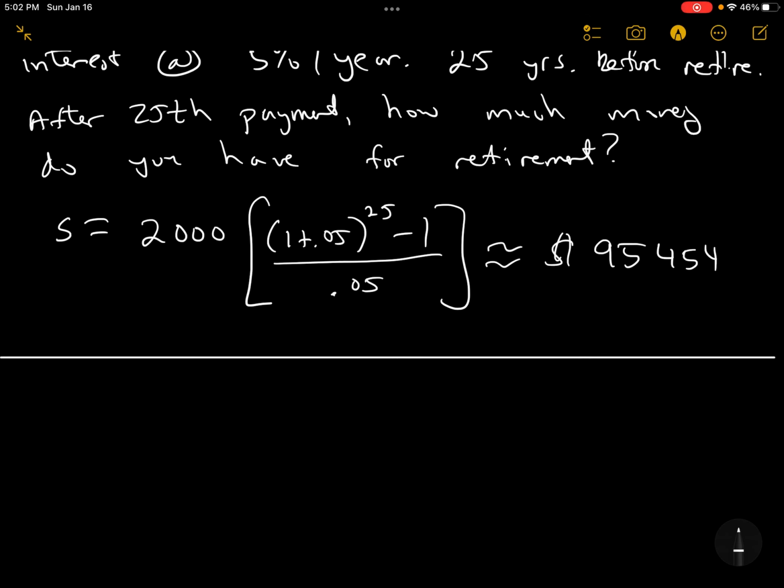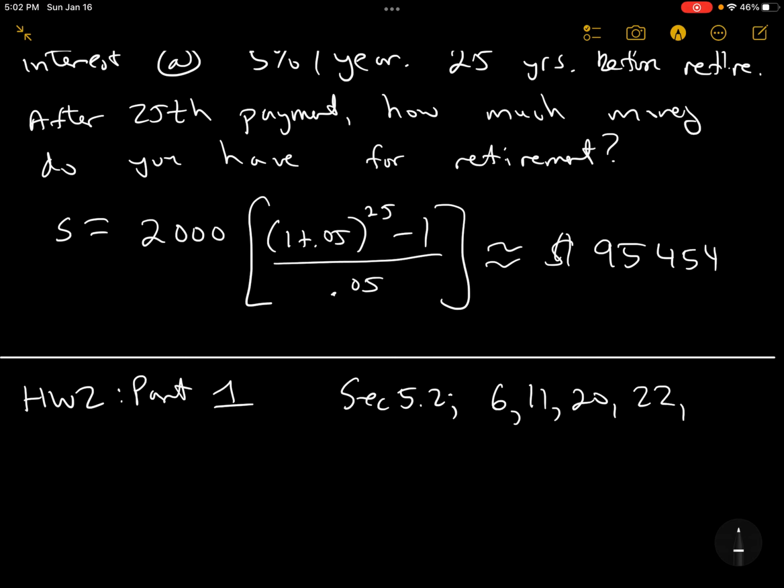Okay. So by now we've had homework 1 turned in, and now this is going to be homework 2, part 1. There's going to be a second part that comes on Thursday. So this first part is from section 5.2, and it's problems 6, 11, 20, 22, 27, and 28.